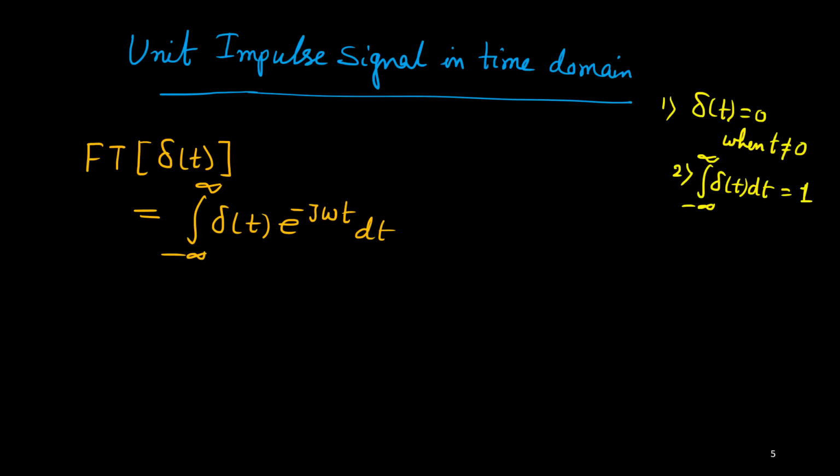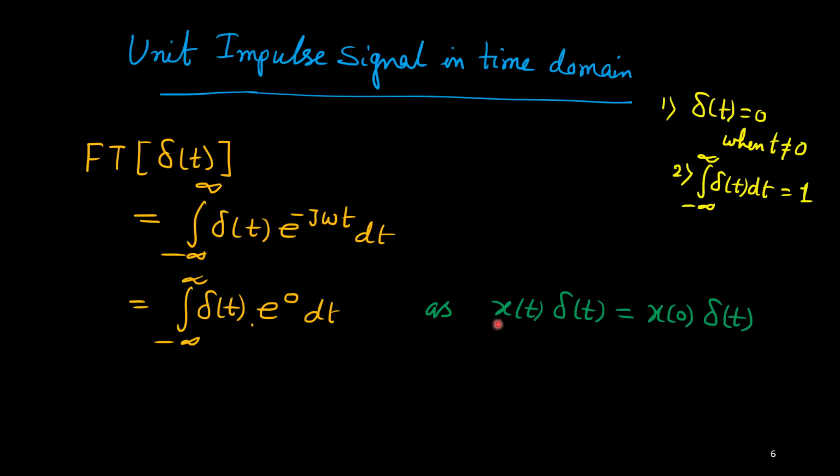Now here we'll use this property that whenever we multiply one signal x(t) with del t, we can write it as x of 0 times del t, because del t is present at t equal to 0 only, otherwise its value is 0. So whenever it is 0, if you multiply something, it will remain 0. So the product will look like again del t.